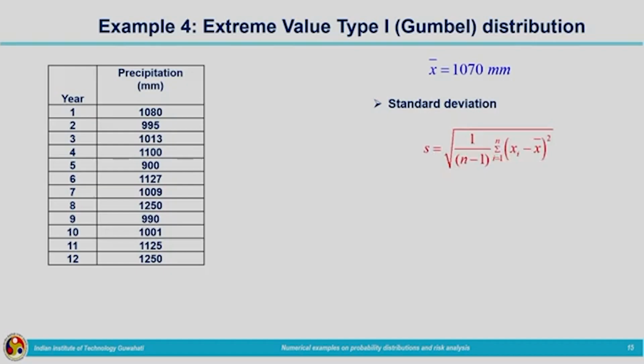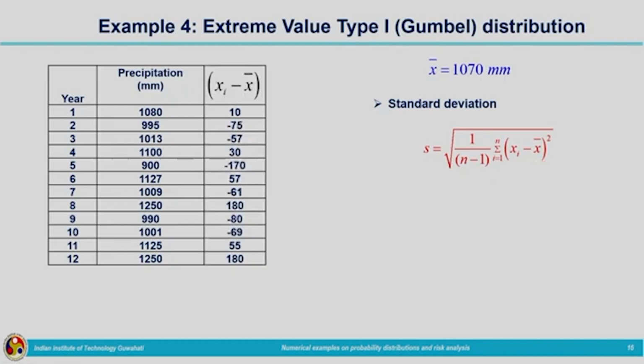Standard deviation is given by the formula s is equal to under root of 1 by n minus 1 sigma i is equal to 1 to n, xi minus x bar all square. So, here in the denominator we have n minus 1 because it corresponds to the sample. If it is related to population, we will be using n. So, n is 12 here and we need to calculate xi minus x bar all square. So, xi is given by the precipitation corresponding to each year, i varies from 1 to 12.